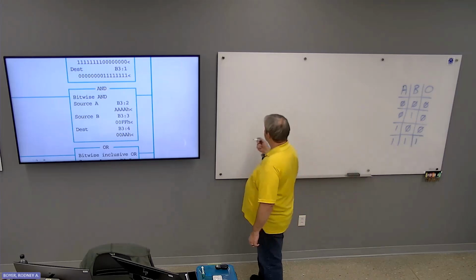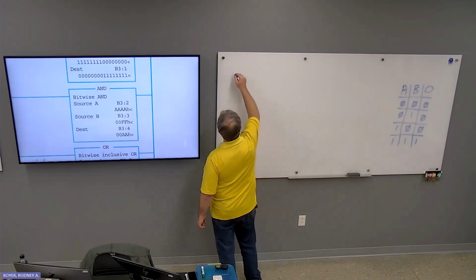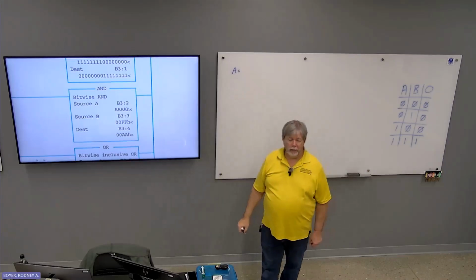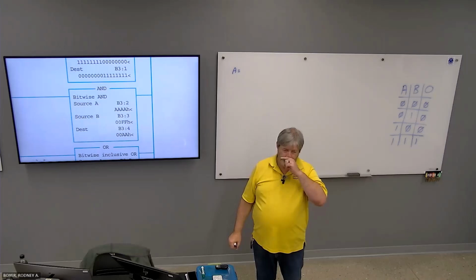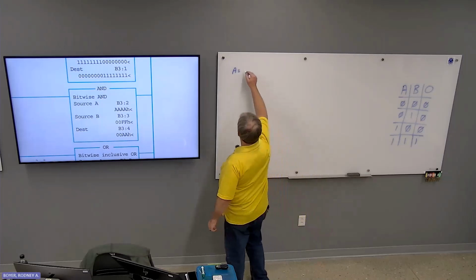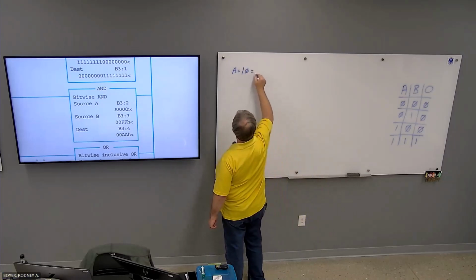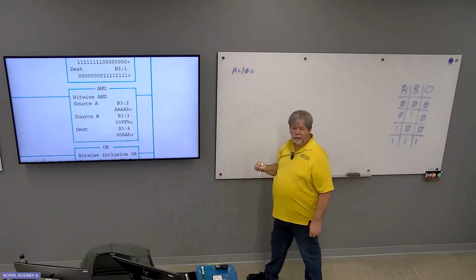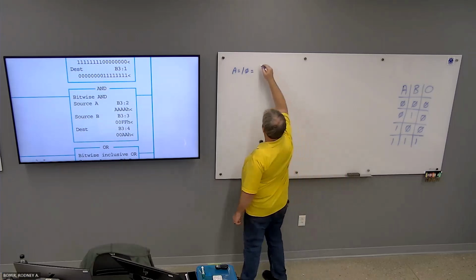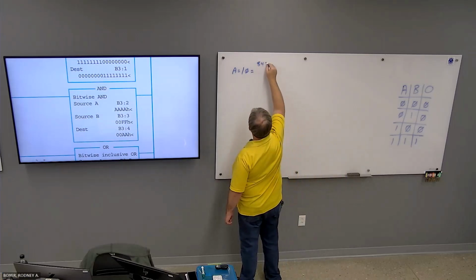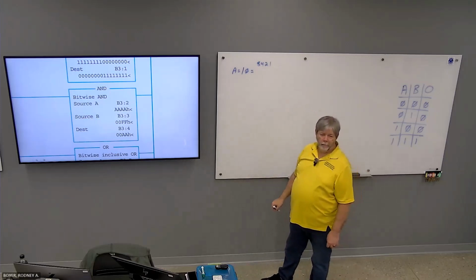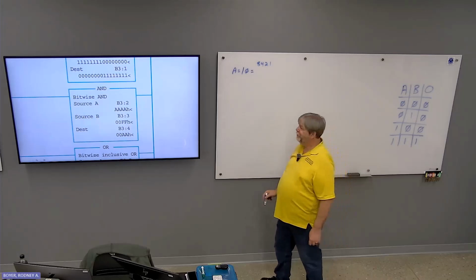Okay, so let's take that as an example. What is A equal to in decimal? 10. What is 10 equal to in binary? Eight plus 2, right?